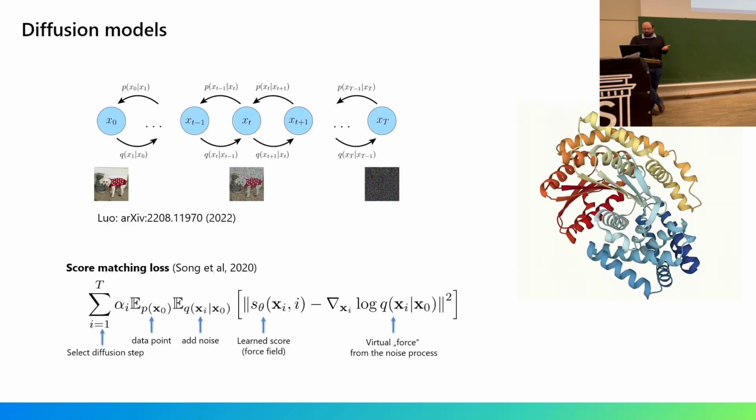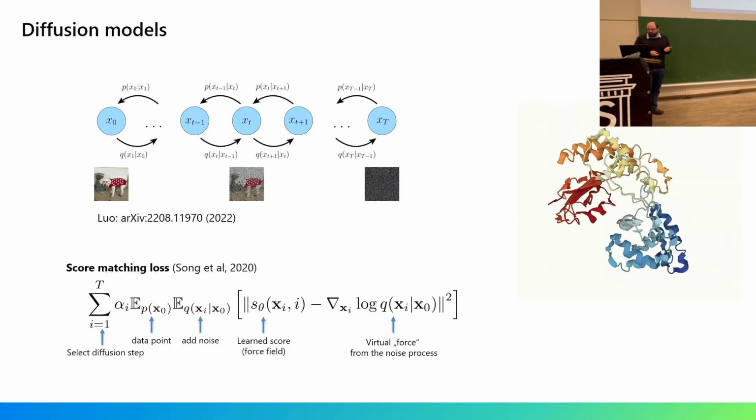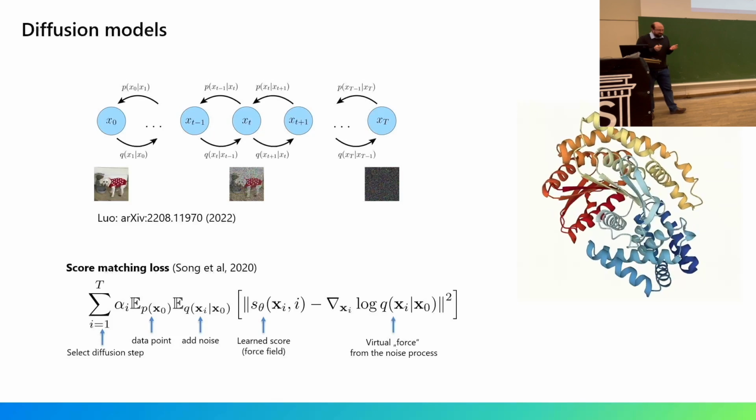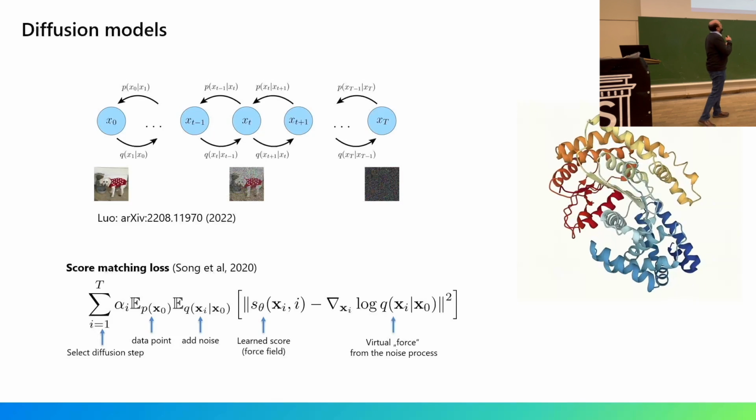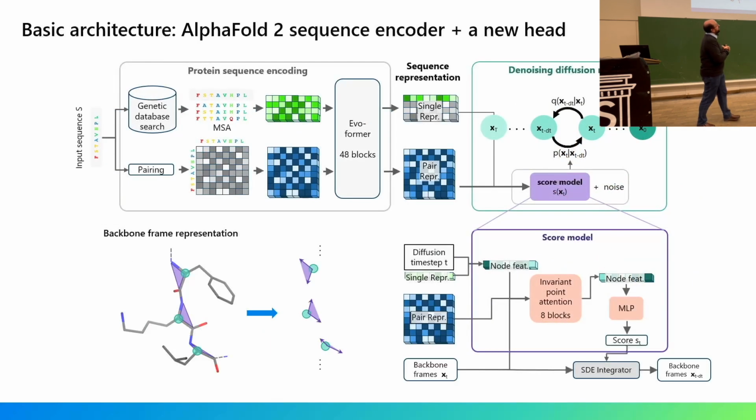We train a diffusion model, and how do we get in the sequence information? Well, what we did mostly is we built on the AlphaFold 2 architecture a lot. What you essentially see here are two different parts. On the left-hand side, you have the sequence encoding. On the right-hand side, you have the structure encoding and the diffusion model.